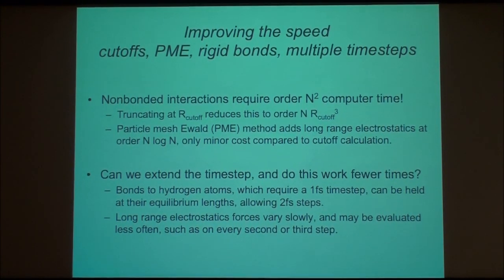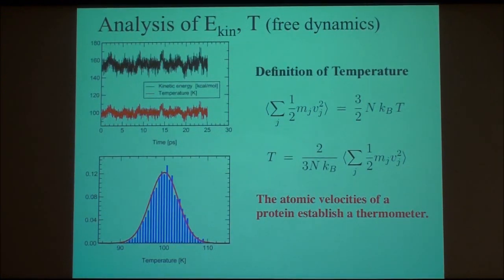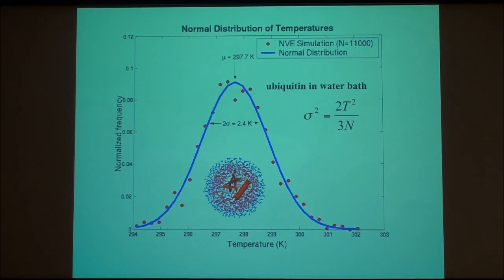So it's a normal distribution, and every particular atom is fluctuating.